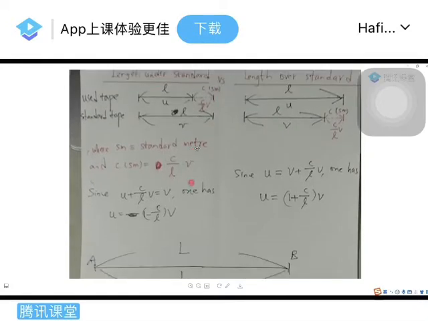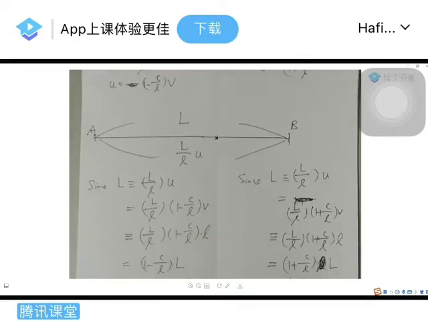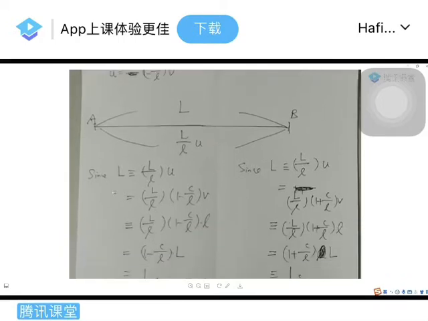Okay, so now let's do a derivation based on this one. It's easy to do. So L is the nominal meters from your tape. And for this tape U you have an equivalence notation over here. Equivalence means they are not exactly identical; it just means they have to be converted into a different unit.